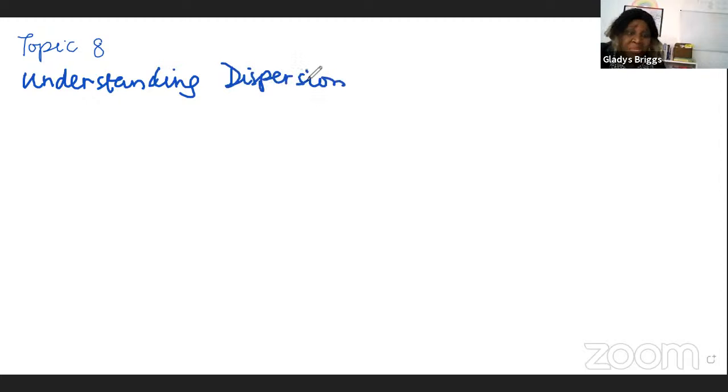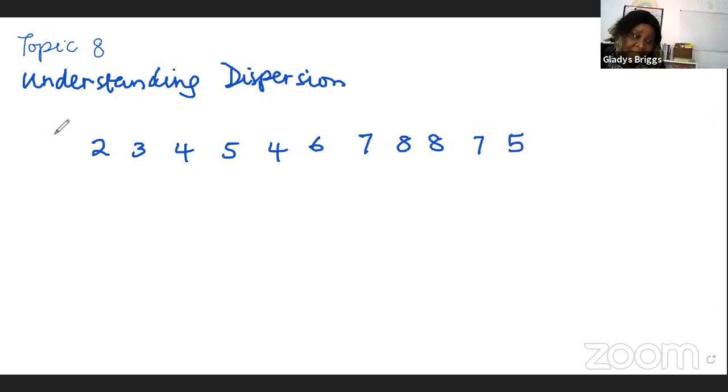On Monday, I think, we looked at all the different ways we can work out the quartiles for ungrouped data. So we had that data: 2, 3, 4, 5, 4, 6, 7, 8, 8, 7, 5. And I told you that the first thing you have to do is to arrange them in ascending order. Okay. Now we're looking at the range.